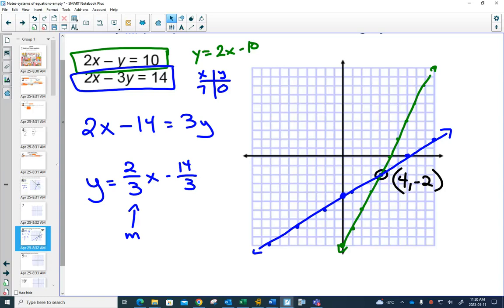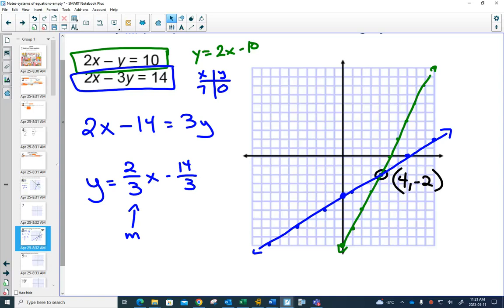And it wouldn't work out nicely for you. But if we found one nice point, then you can use your slope to find a whole bunch of other nice points quickly. And it just so happened to work out that the points intersected.